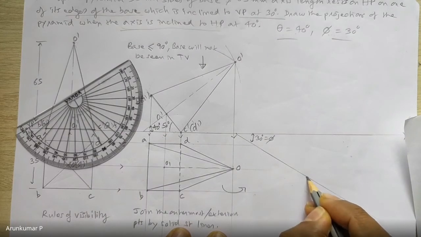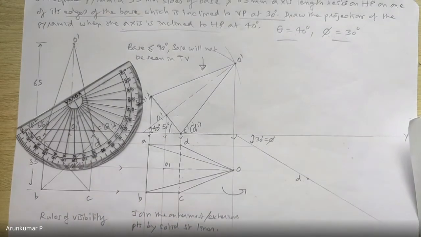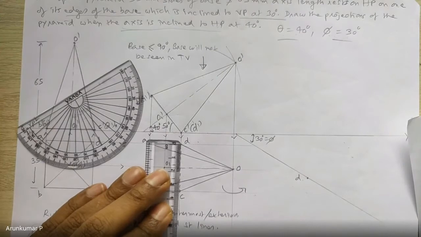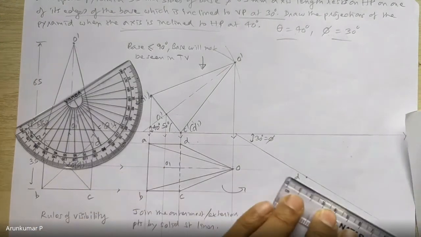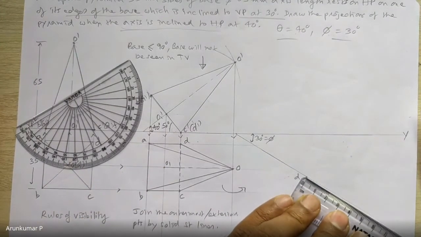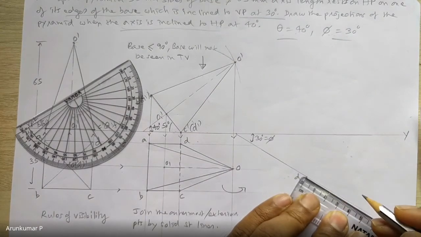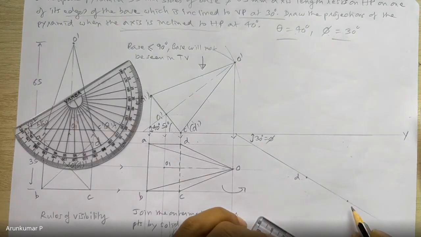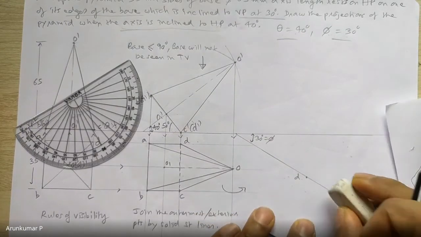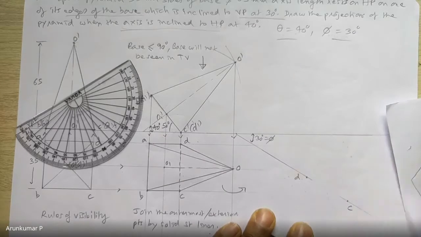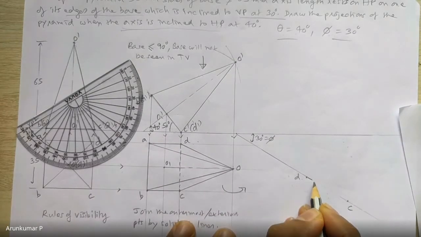And then C to D I know is 35 mm, so I'll put 35 mm here. This is C. And I know CD is a dashed line, hidden line, so I'll draw it like that.